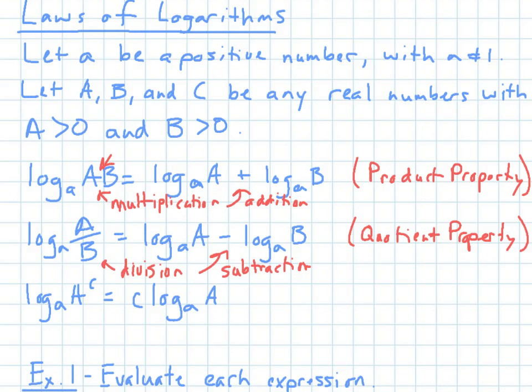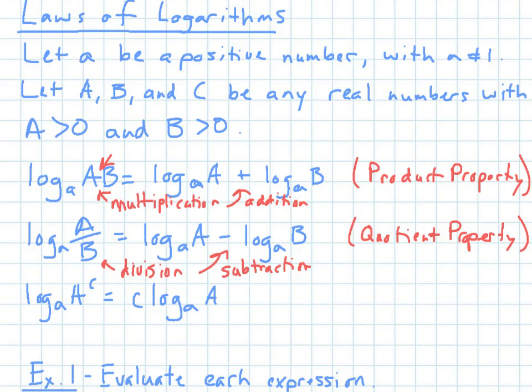Or if you have 4, you could change it to 2 times 2 if you wanted to. So these are not restricted to expressions that already have division set up for you, but it's just saying that if you have division, you can separate them. So you can also create that division.